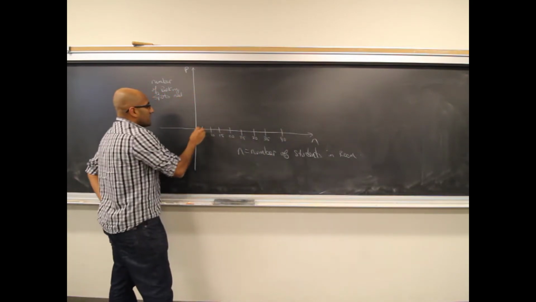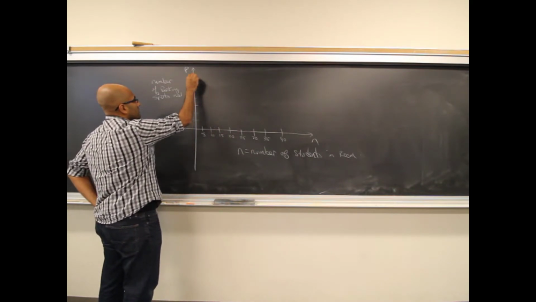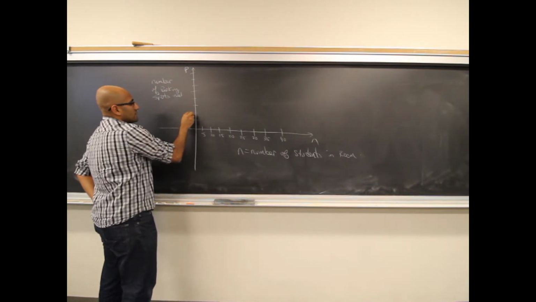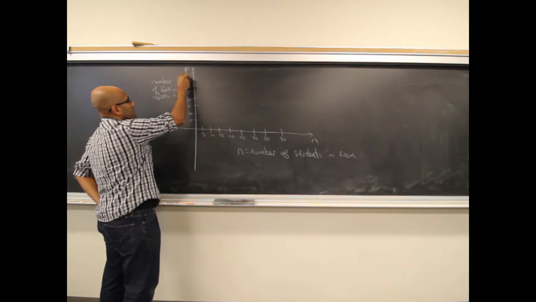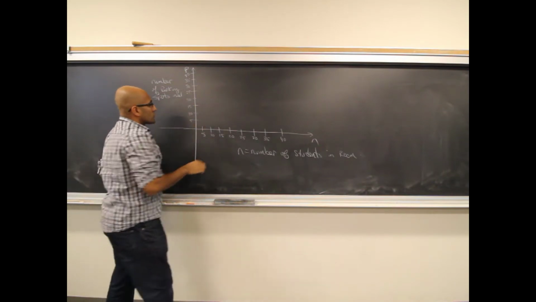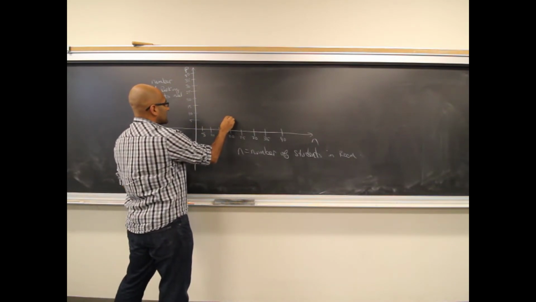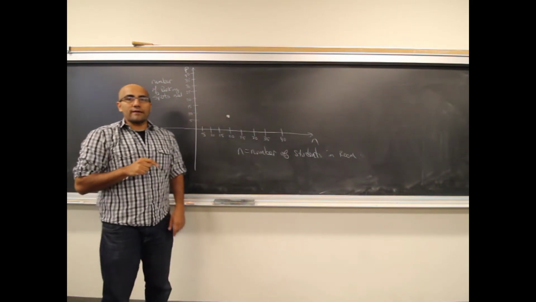Let's say we have that. And let's say the same in this direction: 5, 10, 15, 20, 25, 30, 35, 40. Okay, so based on my real-world situation, is this possible right there? What does that dot represent?